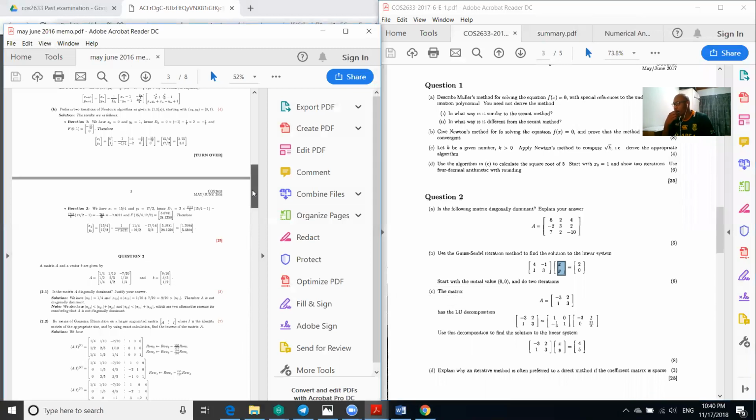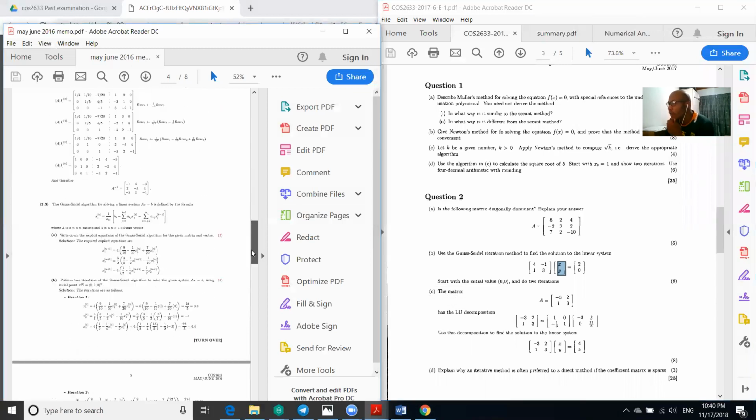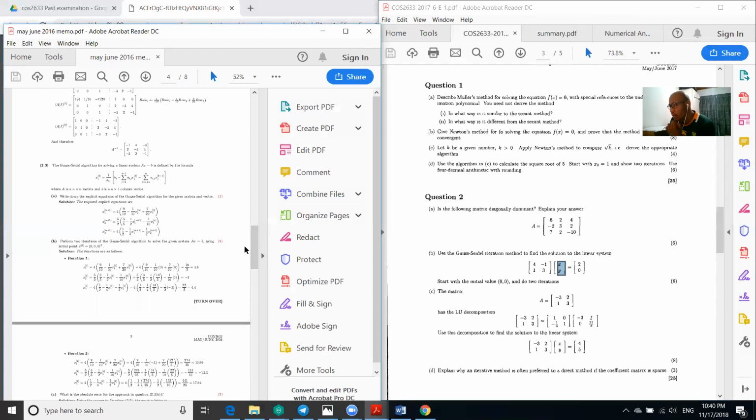For x1 at n plus 1 equals 1 over 4 of 2 minus, what are we going to do if it's a 2 by 2 matrix?